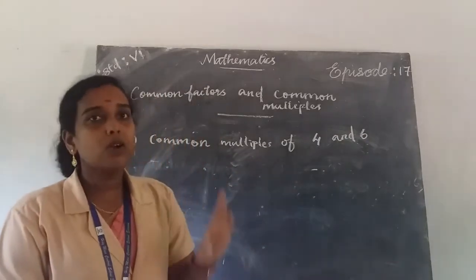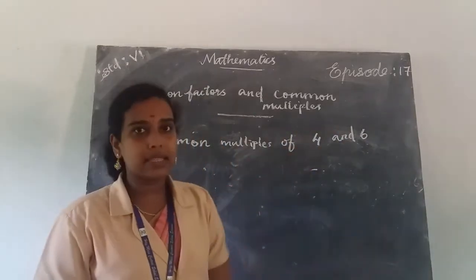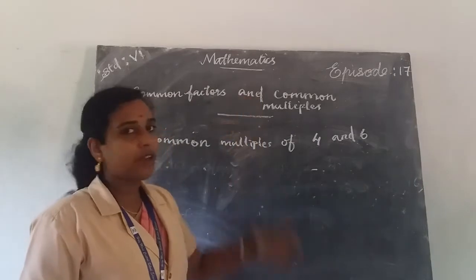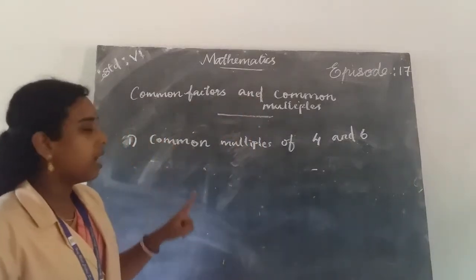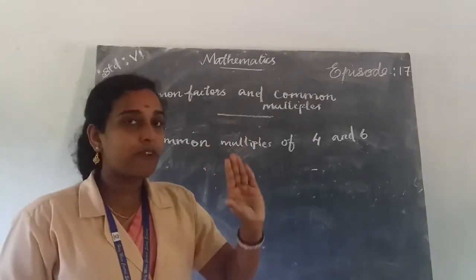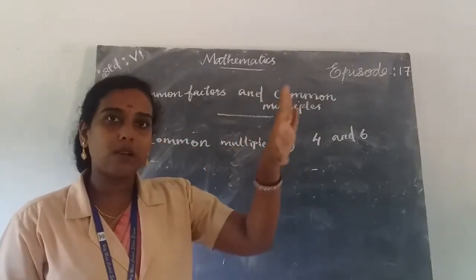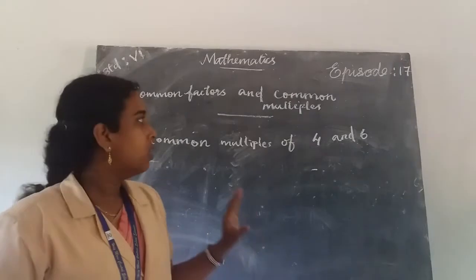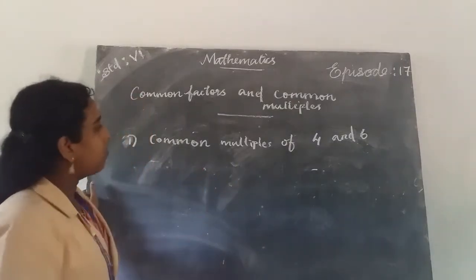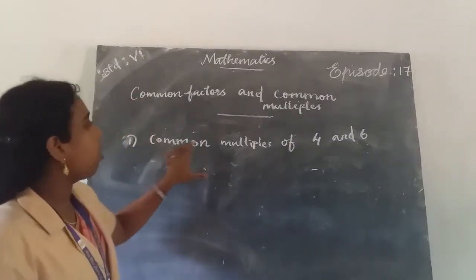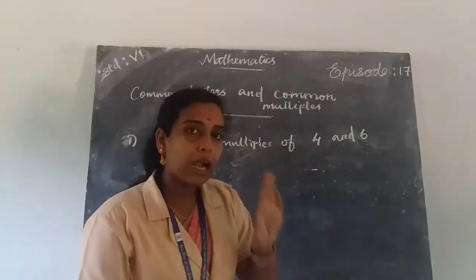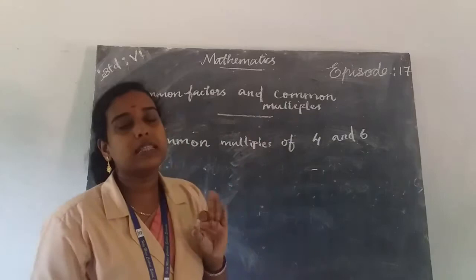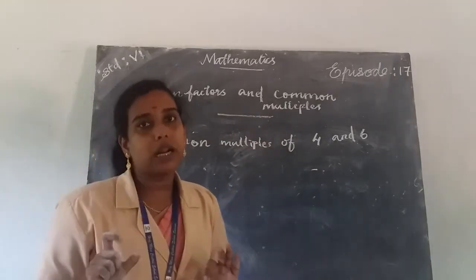Then we find the common multiples of 4 and 6, like finding the common factors of any two numbers. For that, we first write the factors of the given numbers, then we find the common factors from that. Like that, to find the common multiples of given numbers, first we write the multiples of the given numbers, then we find the common multiples.